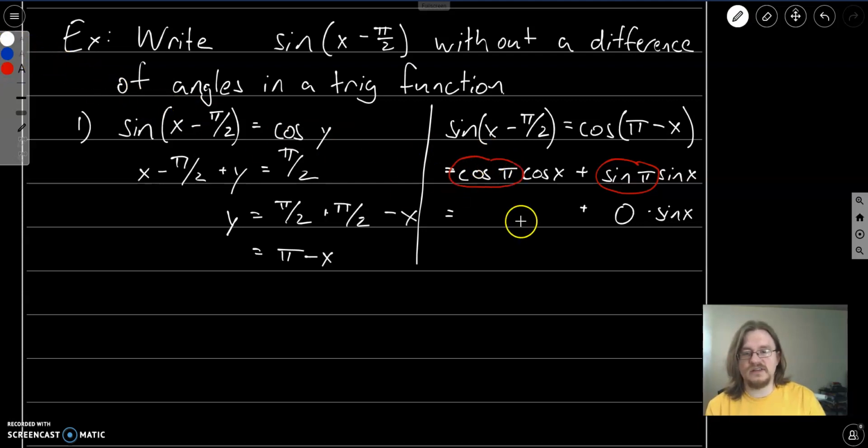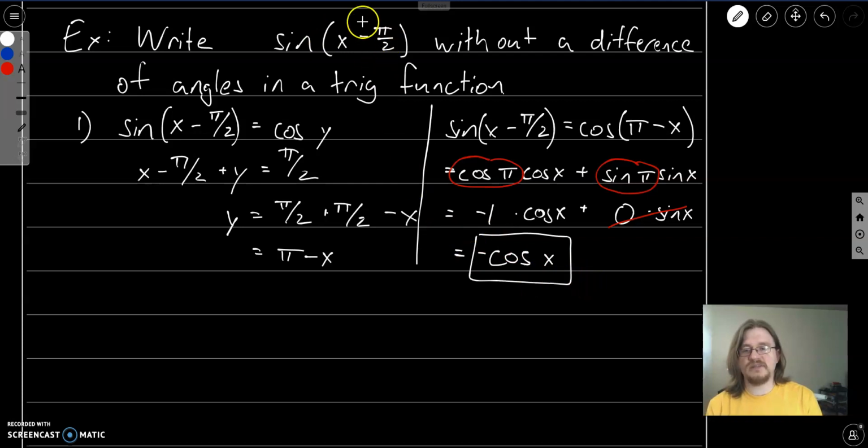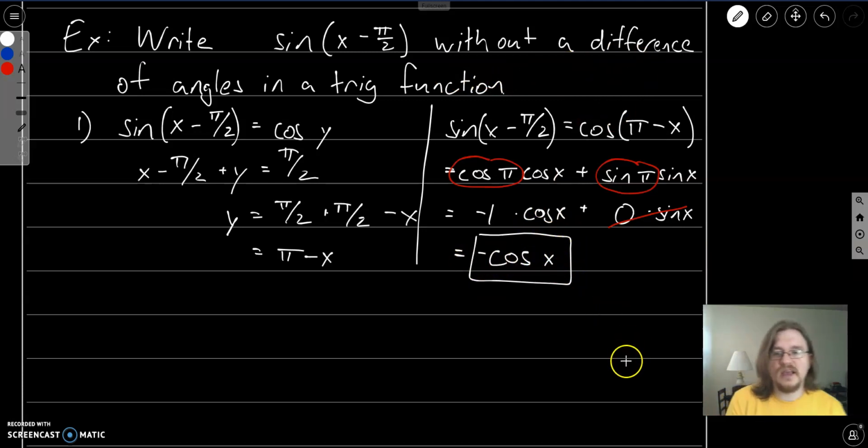Cosine of 180 degrees, well, that's -1. So anything times 0 is 0. And if I add 0, I don't change anything. And -1 times cosine, well, that's just negative cosine. So that's pretty simple. This doesn't have any differences of angles in here. We've just written it as minus cosine.